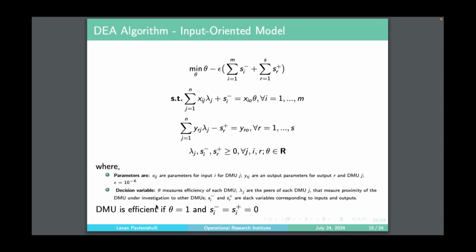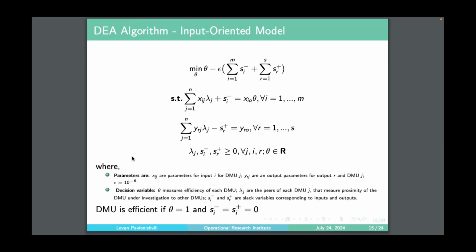That will give me a theta that would be an efficiency parameter, which in the end would always be between 0 and 1. So my efficient decision-making unit would be one which has theta equal to 1, and slack variables equal to 0. So that would be my best unit.